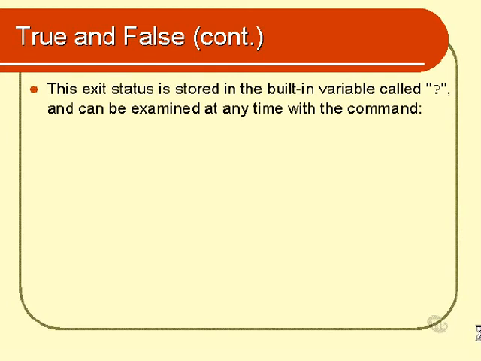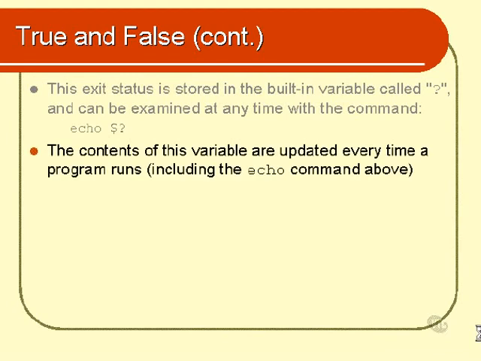So you can have a look at it at any time using the echo command, just going echo $?. You can examine the contents of this variable at any time, and every time you run any command at all, including just examining the status of that variable, the contents of that variable get overwritten once that program completes. So that $? is constantly changing.